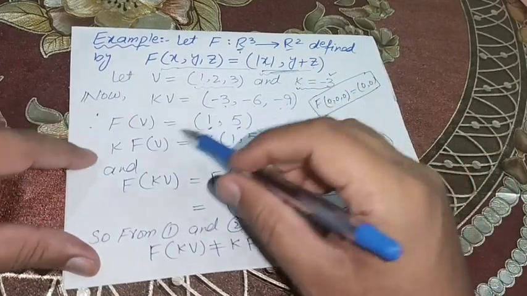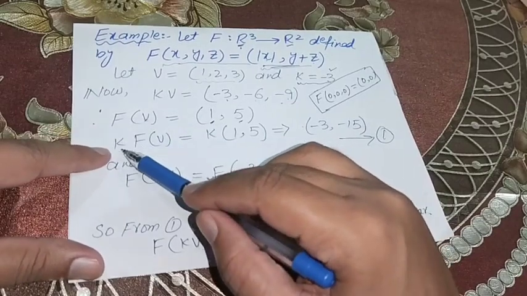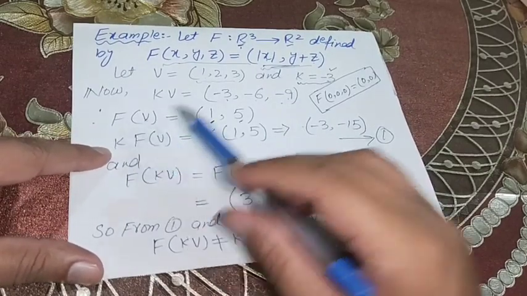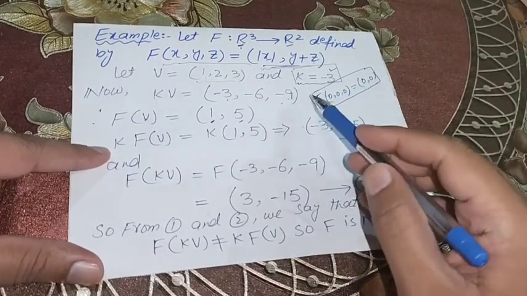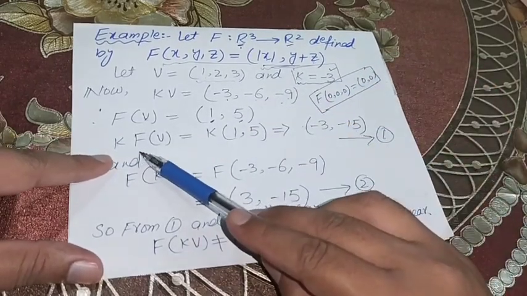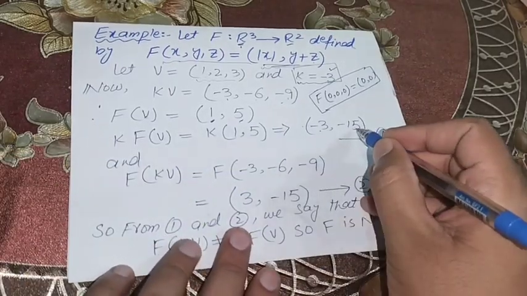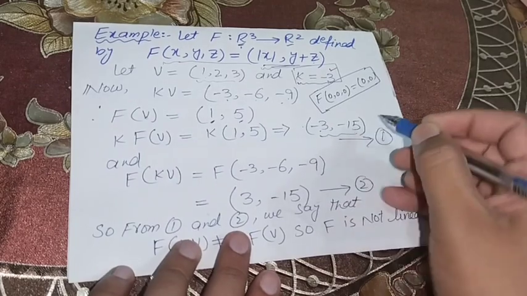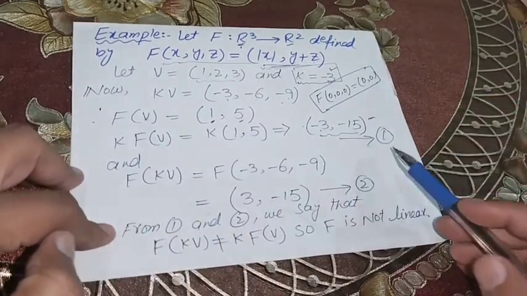This is the output of f of v. And when we multiply this output by k, supposing k = -3, you will obtain the ordered pair (-3, -15). We name this equation number 1.